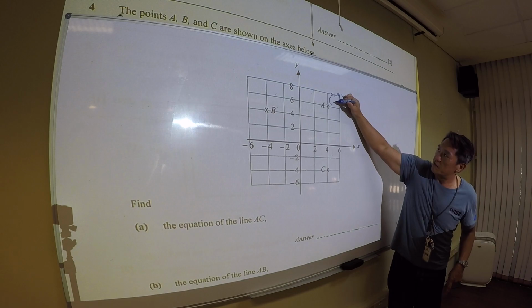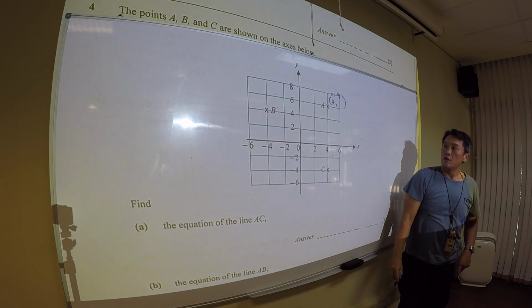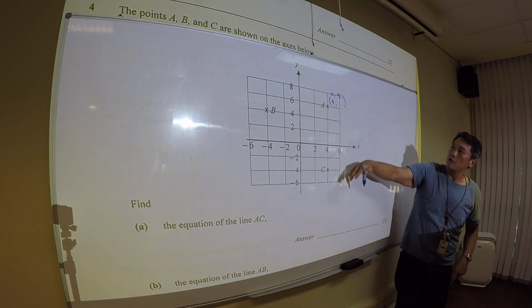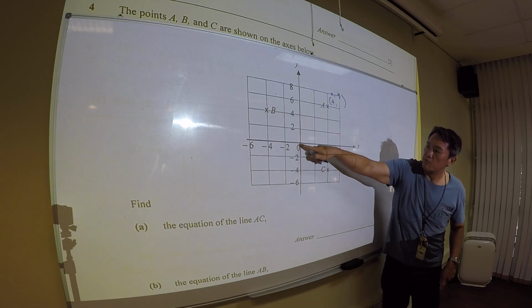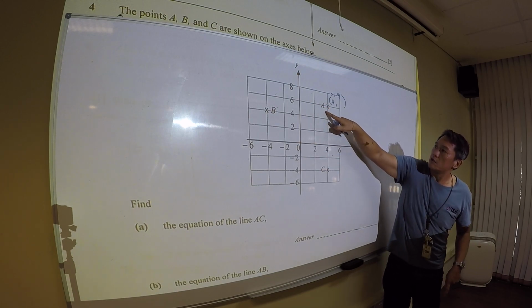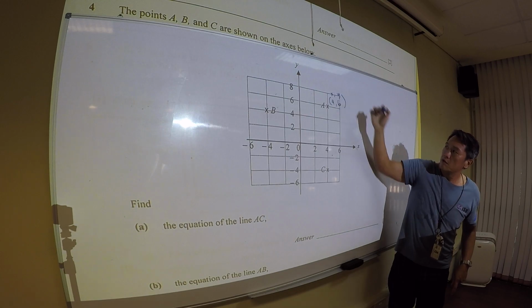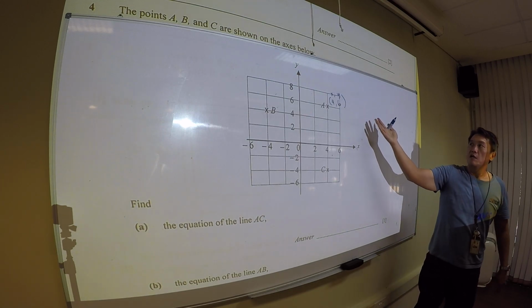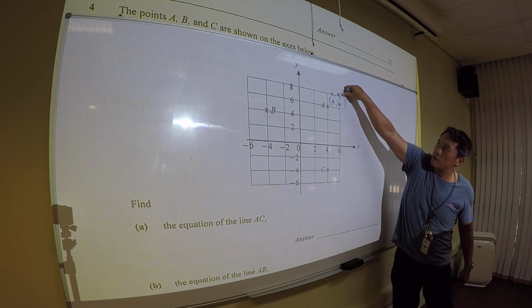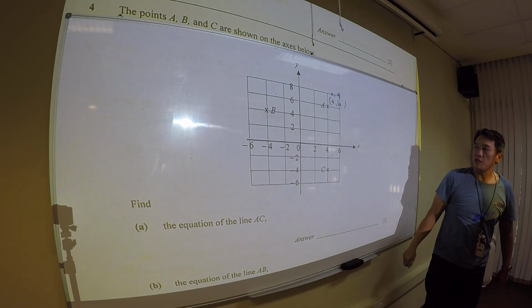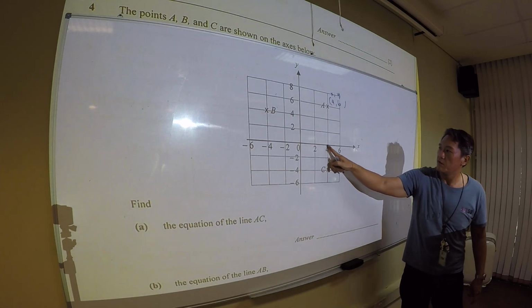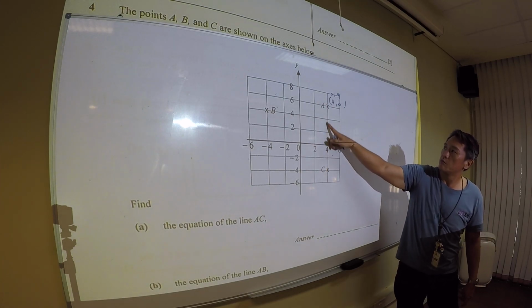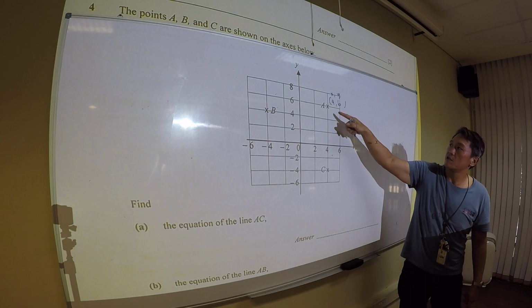So the x is 4. And how high is it? It is 6 above 0. So the y is 6. So this is what coordinates are. They give you the exact location of the point. This point is 4 spaces to the right, 6 spaces up.